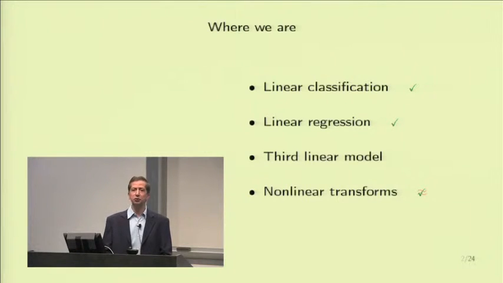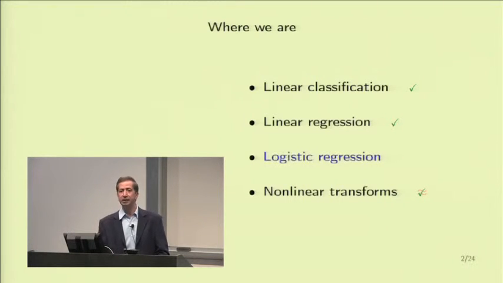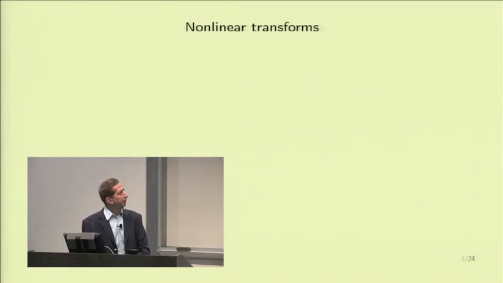So the generalization issues were left out, and I'm going to start this lecture by tying up the loose ends in generalization for nonlinear transforms before I go into the main topic, which is the third one, logistic regression. So the very brief analysis of nonlinear transforms in terms of generalization, then logistic regression beginning to end. That's the plan.